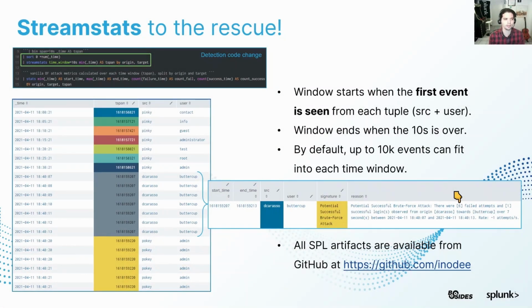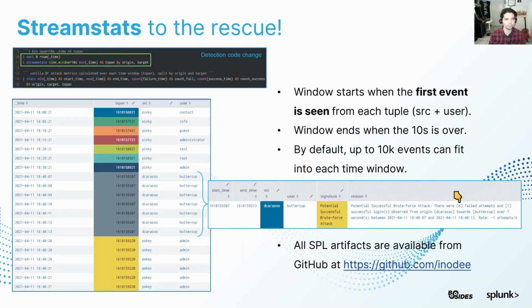So how can we fix that? Again, we leverage another Splunk stats command called streamstats, and we need to remove the bin command that we had before and, of course, make sure the events are sorted.